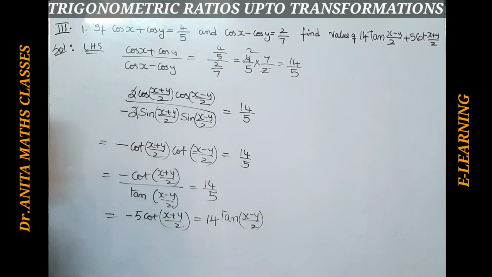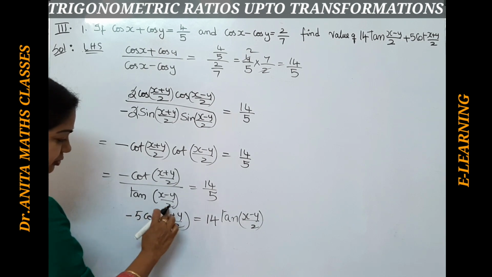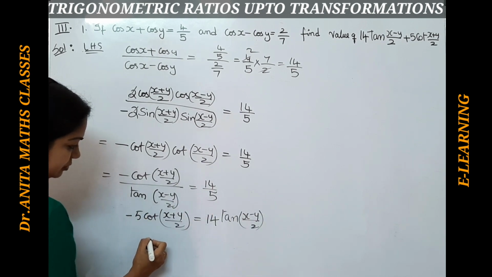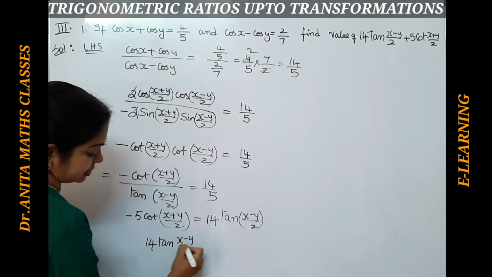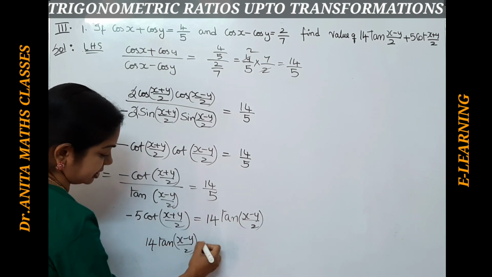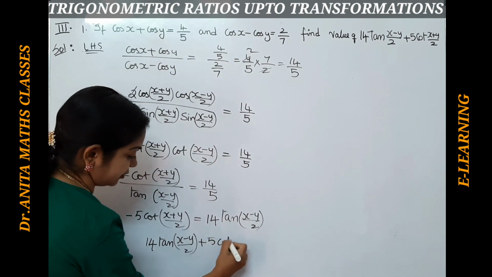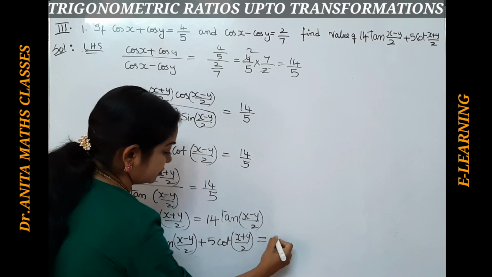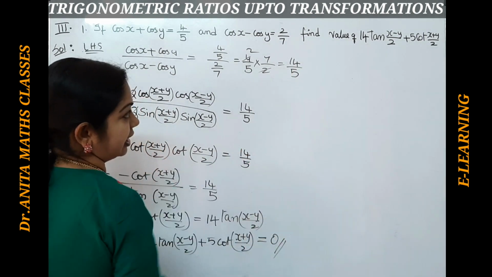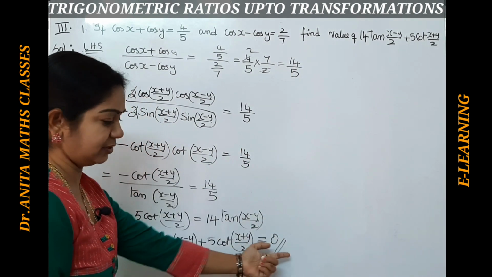Cross multiply, then bring it to one side, so that becomes 0. So 14 tan (x minus y)/2, if you bring the other to this side, becomes plus 5 cot (x plus y)/2 equals 0. So the final answer, the value of this is equal to 0.